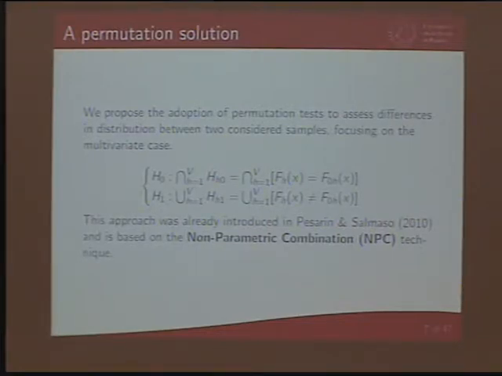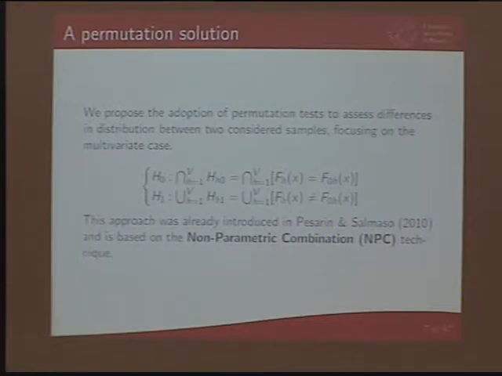So suppose you are observing capital V variables, and you want to test the equality of the distribution functions in this V-dimensional multivariate setting against a difference in distribution. We will see later that we can easily apply this procedure to directional alternatives, and also for testing for a trend, so testing for a stochastic ordering.